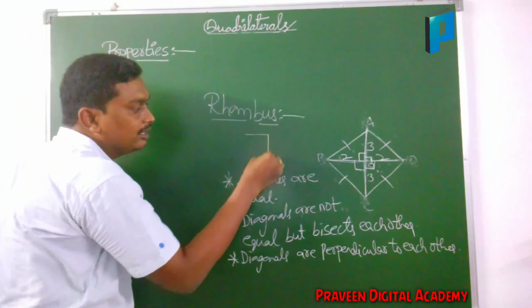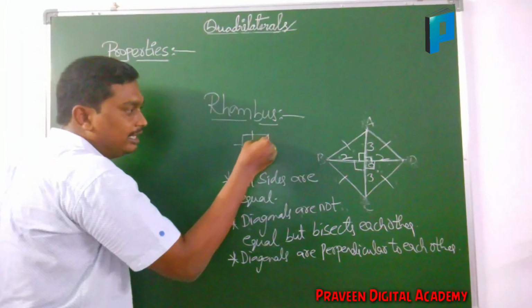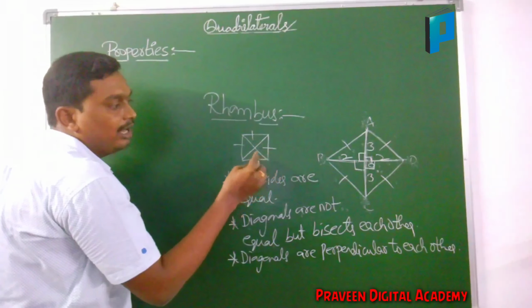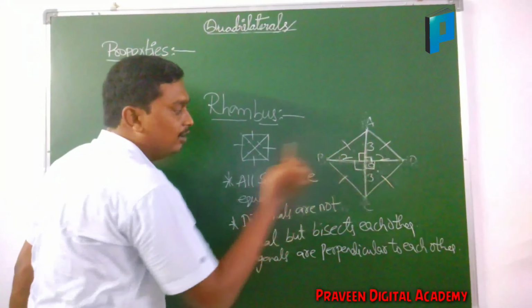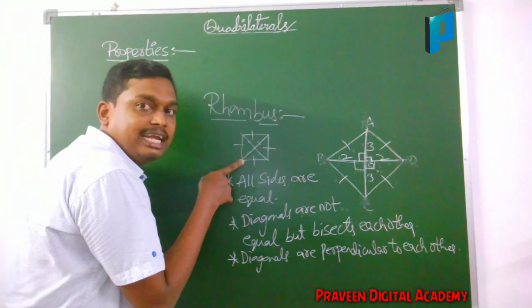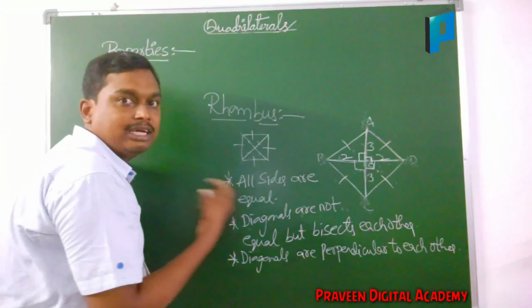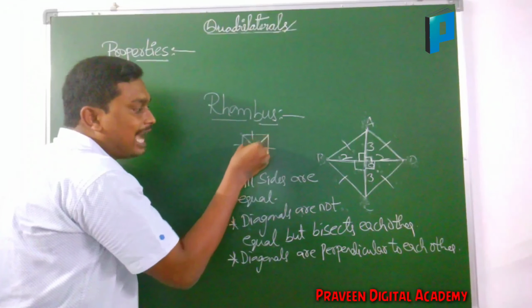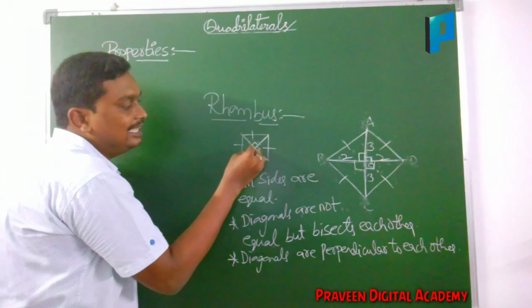Come to square. In a square also all sides are equal, diagonals are equal and bisect each other. Here in the rhombus, diagonals are not equal. The only difference between the square and rhombus is diagonals are equal in the square, diagonals are not equal in the rhombus. And the angle between the diagonals is also 90 in a square.